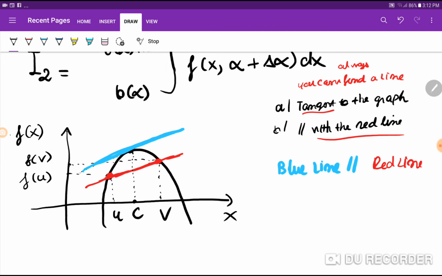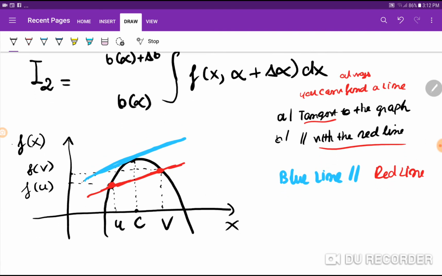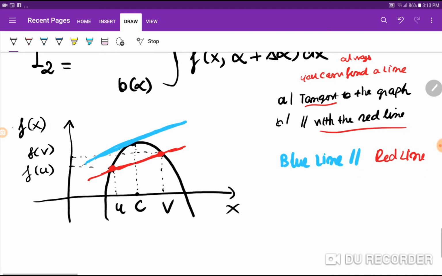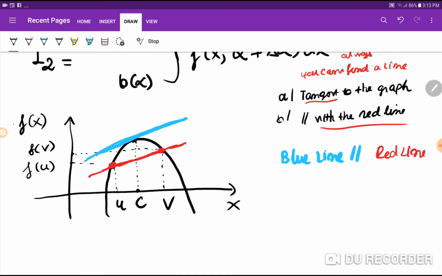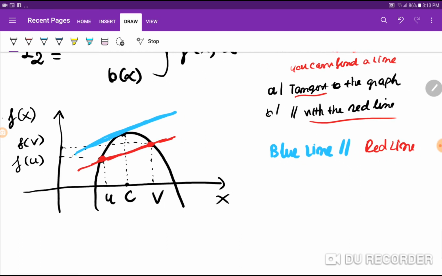So, getting back to the point. The fundamental theorem of calculus says that if you have a line connecting two points on the graph, you can always find a tangent line that is parallel to it. In this case, the tangent line is the blue line, parallel with the red line.